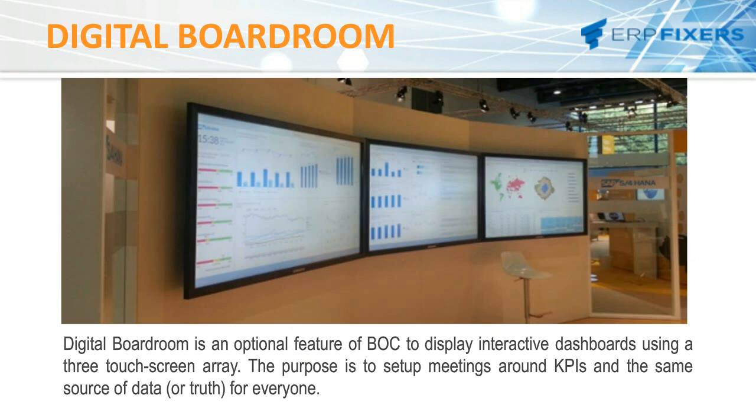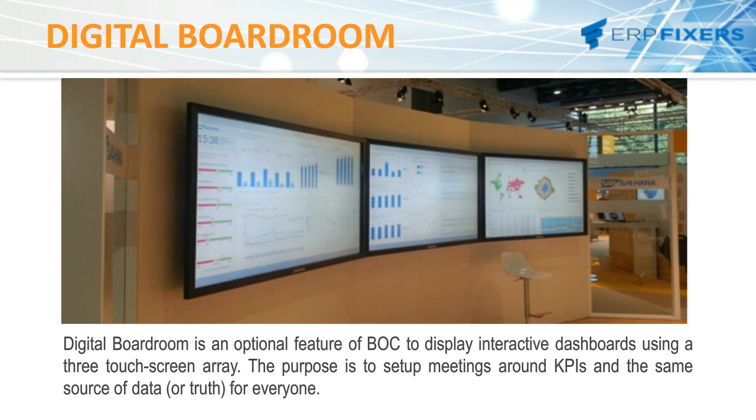There's also the digital boardroom. This is a particular feature of BOC that allows for the display of stories on a touchscreen three-screen array. You have to acquire this particular special hardware, or supported hardware.